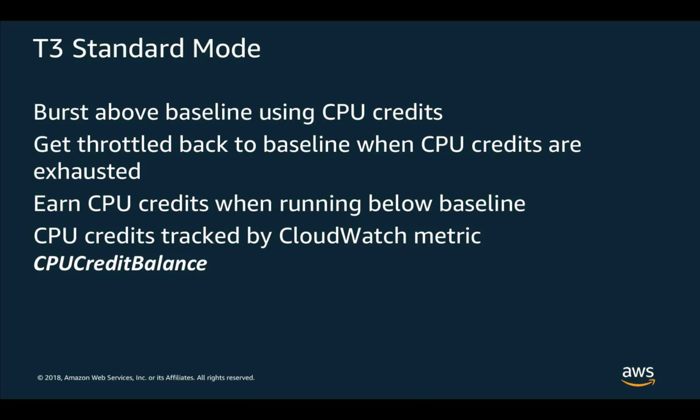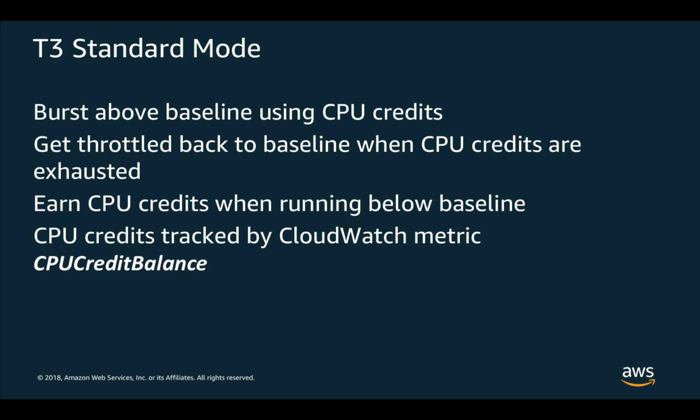When a T3 standard instance is in a running state, below baseline CPU utilization, it continuously earns, at millisecond level resolution, a set rate of CPU credits per hour. When a T3 standard instance is stopped, its accrued credit is saved up to 7 days. And unlike T2, the accrued credits are not reset to 0.